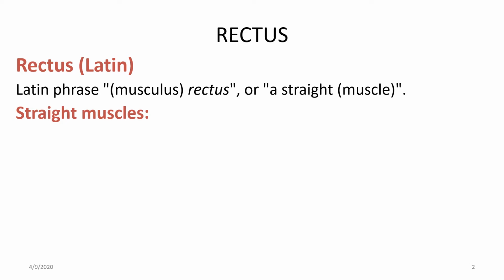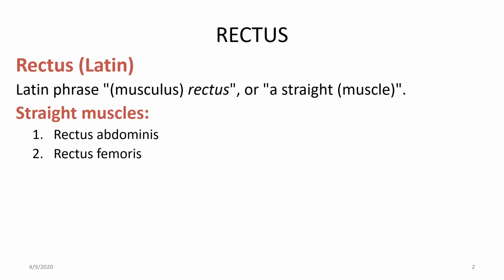And let us have a look at the straight muscles in the body. The one which we are going to discuss is the rectus abdominis in the anterior abdominal wall on either side of the midline. Then there is rectus femoris, which you will come across in the front of the thigh. There is what is known as the quadriceps muscle in the front of the thigh, which consists of four heads.